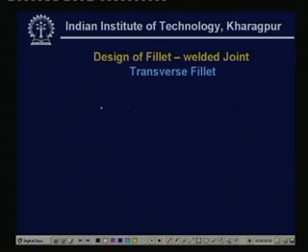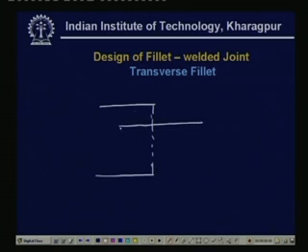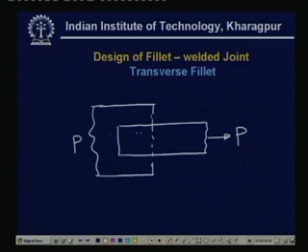Again, we have a similar configuration. We have, let us say, force P, and here we have P, and in the transverse joint the welding is made here. Now, here the analysis becomes quite complicated, as we will see very soon.